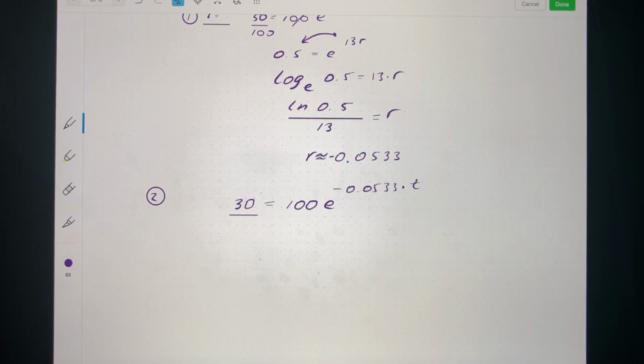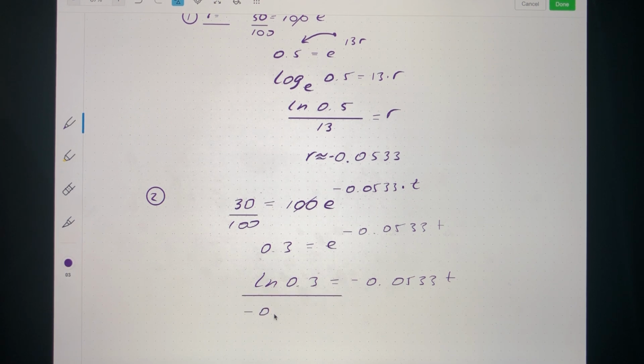First, divide both sides by 100. That makes 0.3 is e to the negative 0.0533t, and then natural log of 0.3 is negative 0.0533t. Dividing both sides by the decimal, we get our final answer.